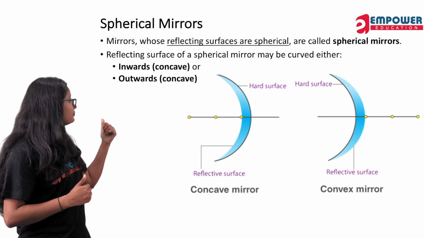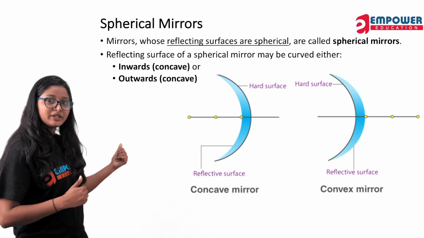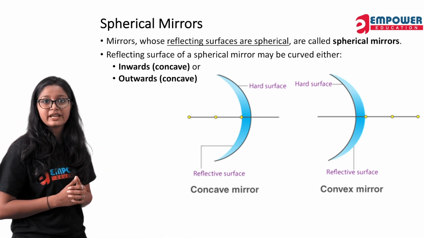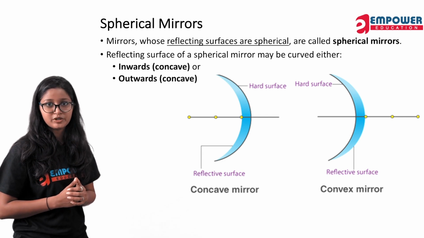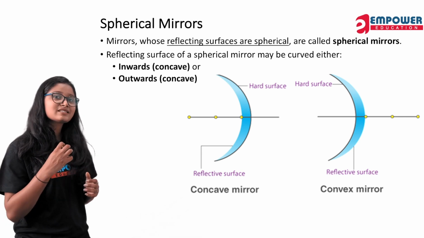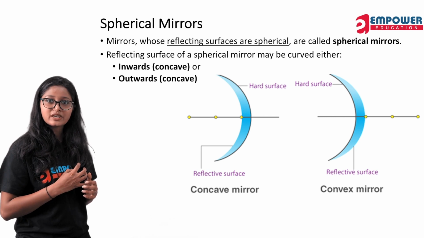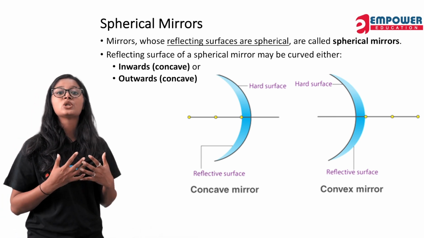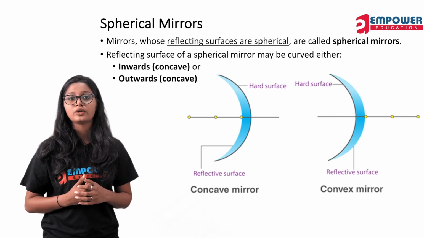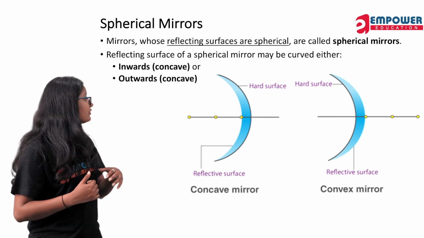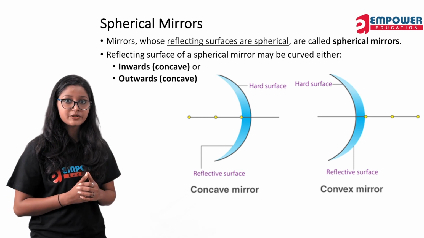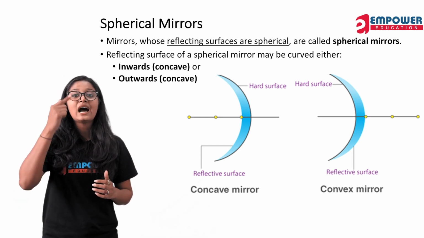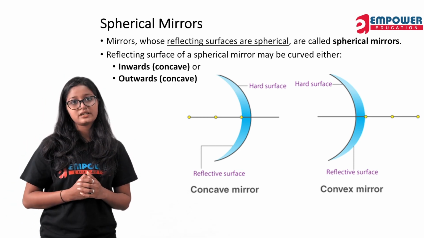So you see the blue color region which is shown here, this is the non-reflecting part of the concave mirror. That is, if light is incident on this particular surface, it will not get reflected back because it is the non-reflecting part of the concave mirror. Now, if you have a look at the convex mirror, you see the outer part is the reflecting surface.